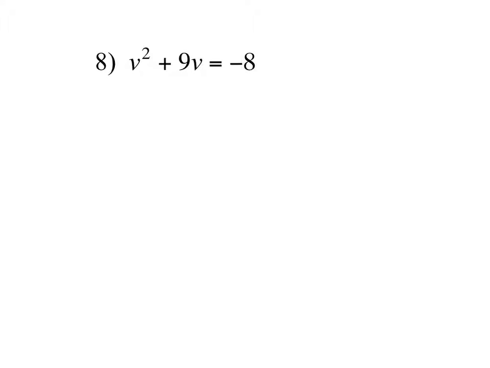The next one, if I have the two terms with variable, so the variable squared and the linear term with just the variable, that means that I need to move everything to the same side of the equation. So b squared plus 9b plus 8 equals 0. And now I'm just going to factor.